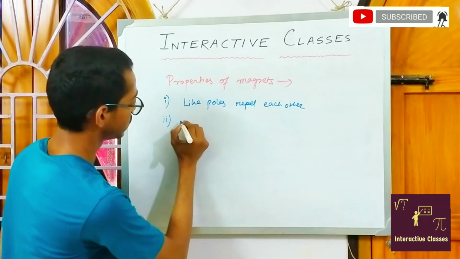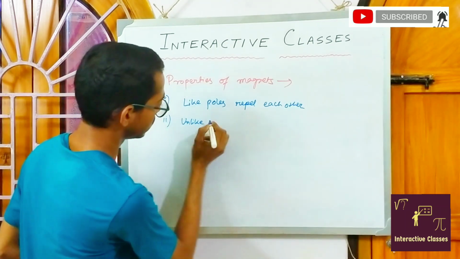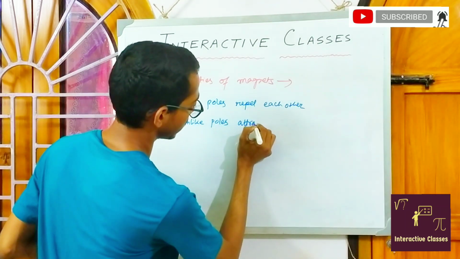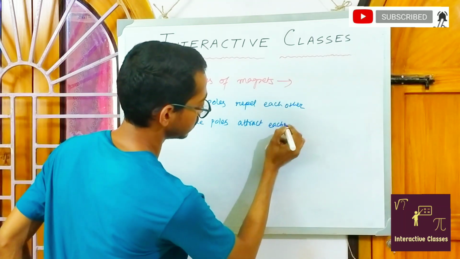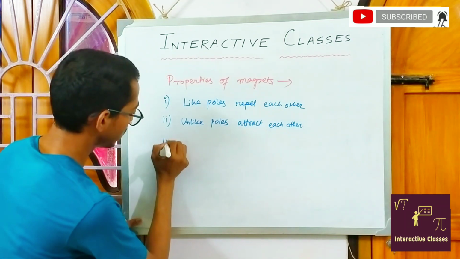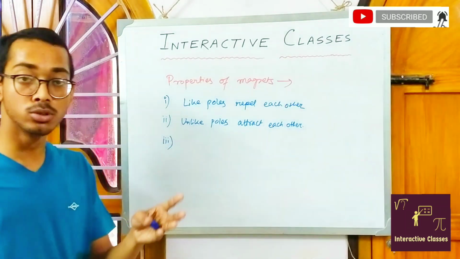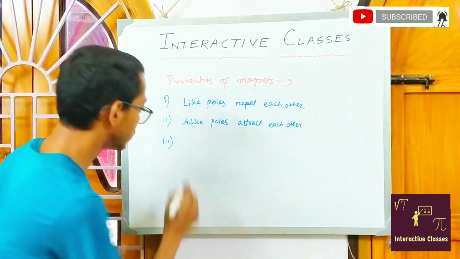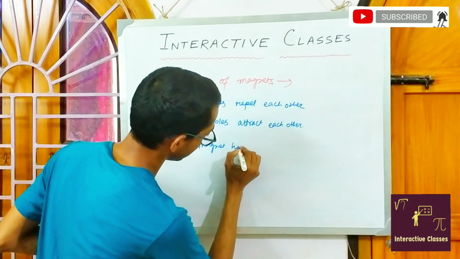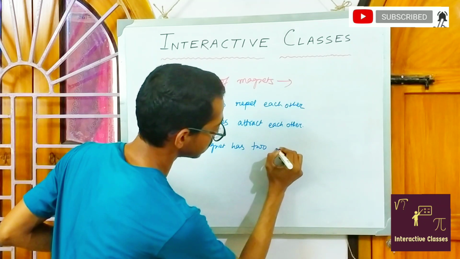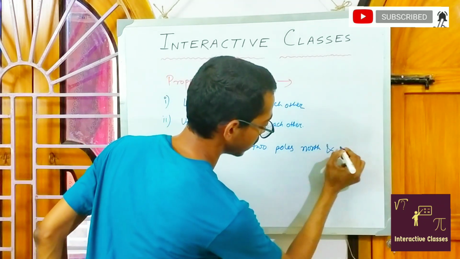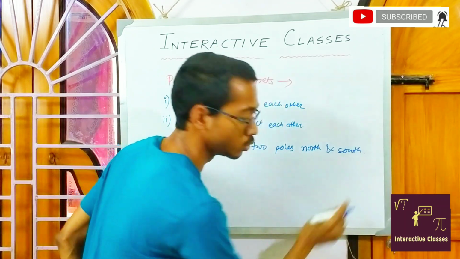Unlike poles attract each other. A magnet has two poles, namely north and south.